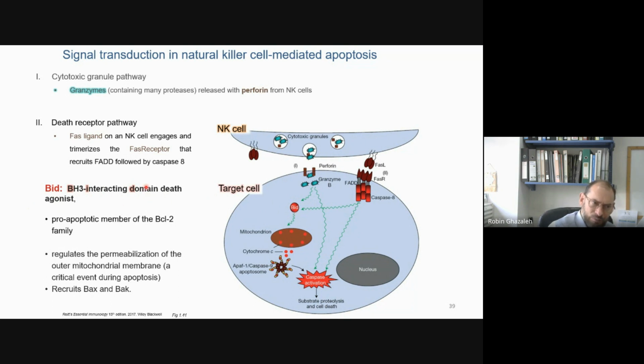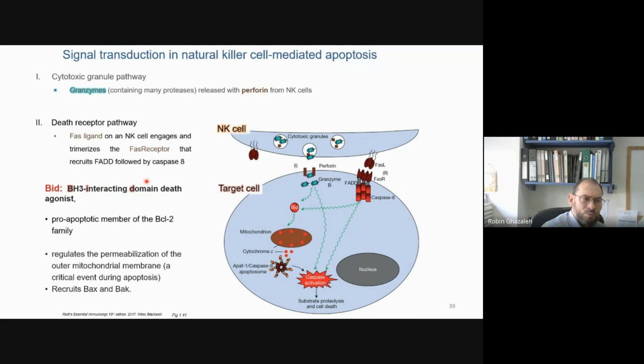Talking about themes, BH3 interacting domain, we find that there's considerable homology within the cell, whether an immune cell or any cell. There's considerable homology between the many different proteins that are functioning there.